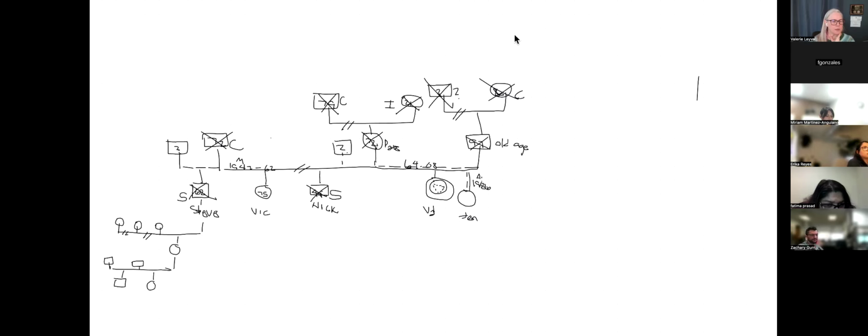Oh, I need to change one because my great niece now identifies as non-binary. So let me try to draw that. And they, I'm not sure what pronouns they are using. They're 14 and this little guy is 8. And she's broken up with them again. I think she's 38.